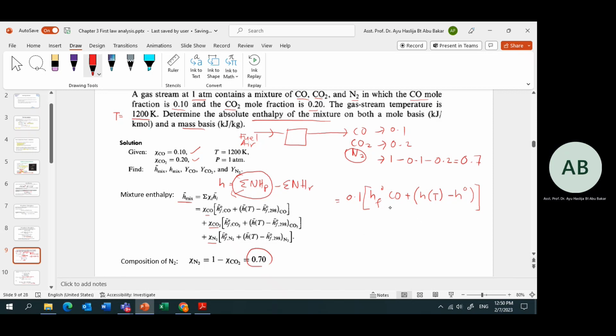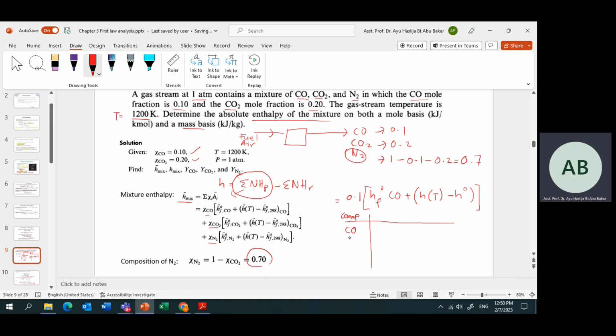Okay. Now we should find the heat of formation and enthalpy for each gas. Okay, I would suggest you to do it in table form. I'll show you the step by step.